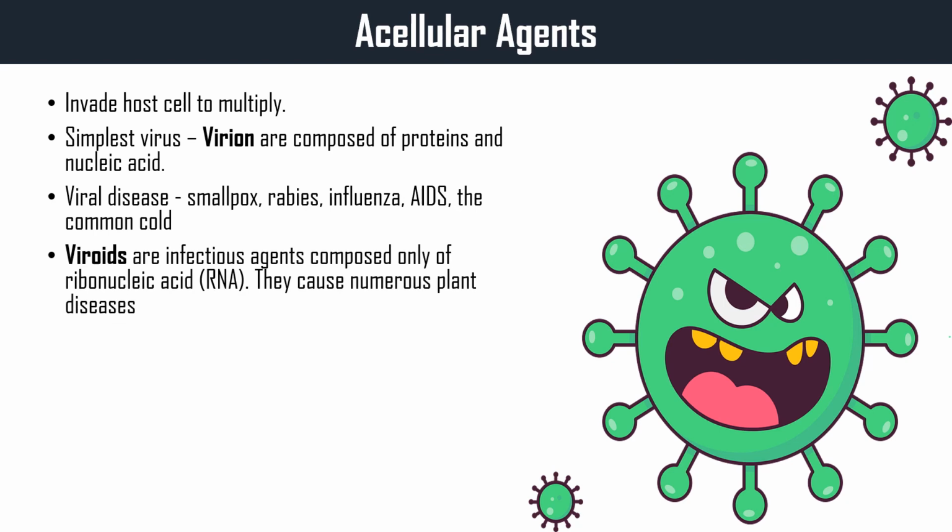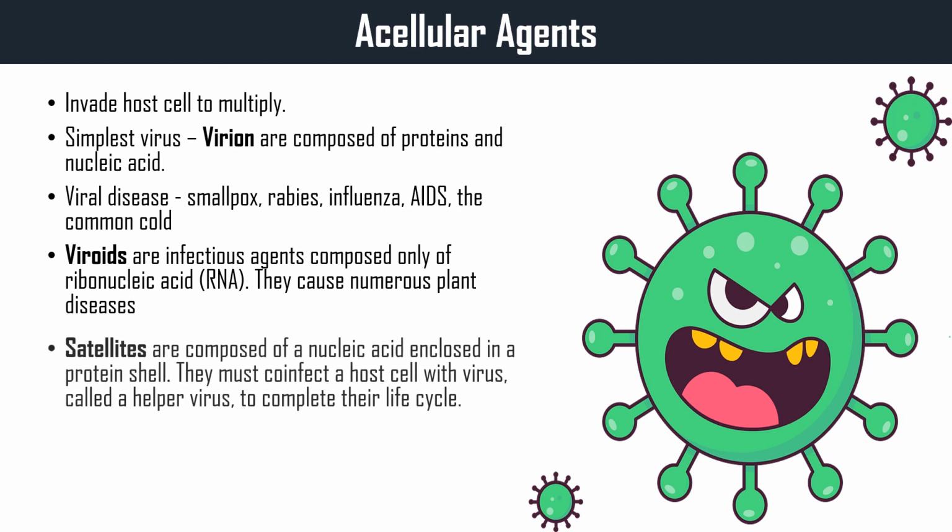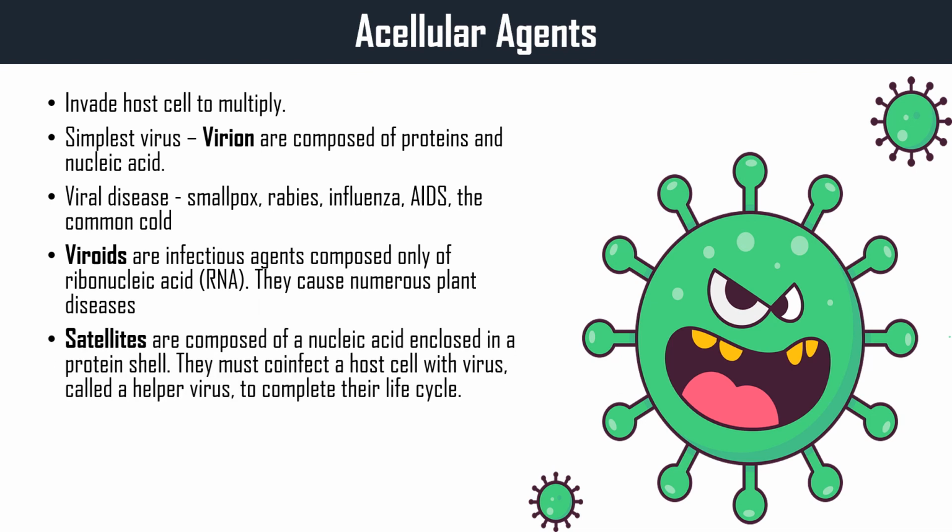Viroids are infectious agents composed only of ribonucleic acid. They cause numerous plant diseases. Satellites are composed of a nucleic acid enclosed in a protein shell. They must co-infect a host cell with a virus called a helper virus to complete their life cycle.